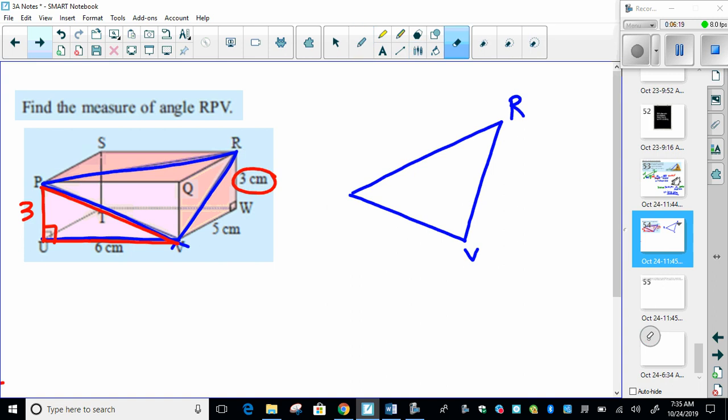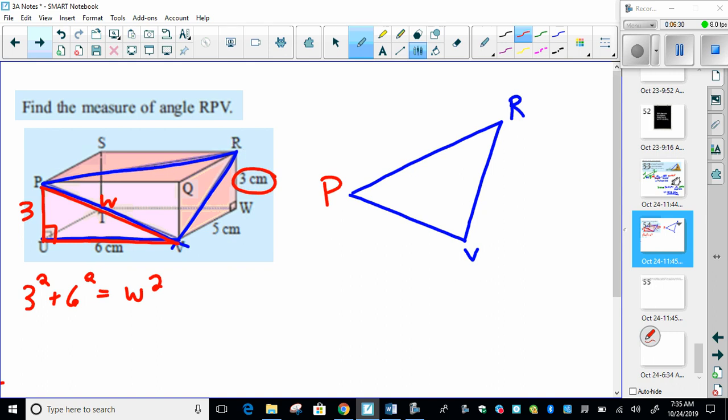That's P, sorry. So I can figure out what PV is. So I know 3 squared, leg squared plus leg squared equals, let's just call that W squared. So therefore W is just the square root of 45. So W was PV. So that's the square root of 45. So one side down, 2 to go.